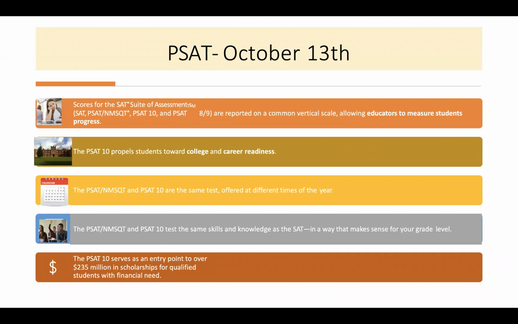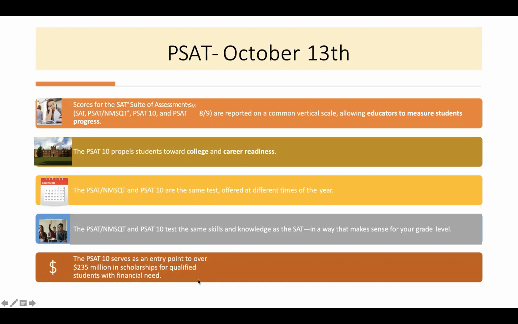They're just given at different times of the year. We've just always given the one in October. It's almost the same as the SAT, but of course they know that you're in 10th grade, so you might not have mastered everything that you will have in the 11th or 12th. So it's just tapered down a tad, but it's still a very good indicator of what you'll make on the SAT.